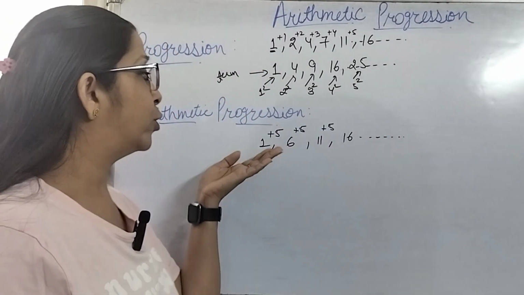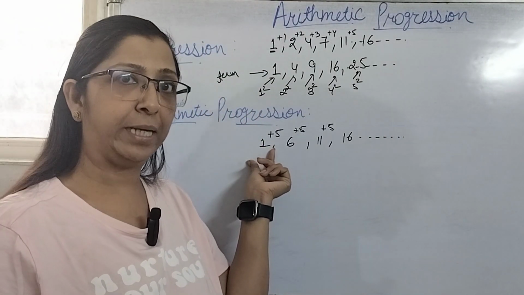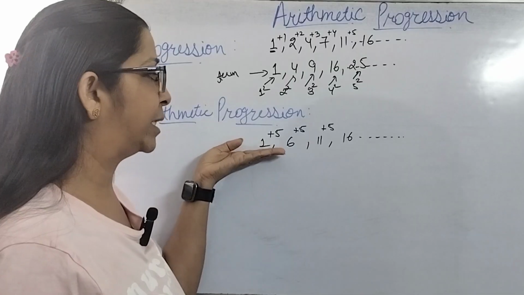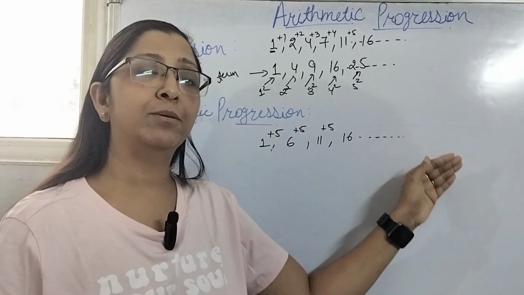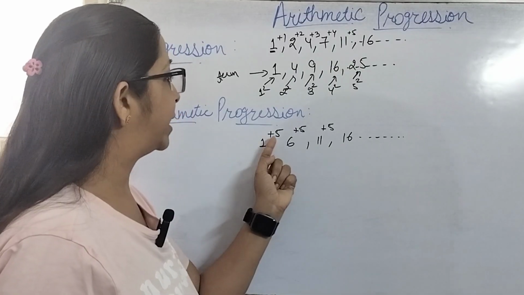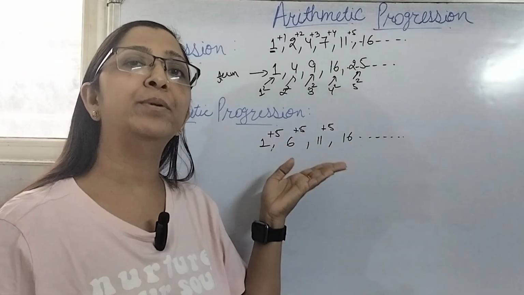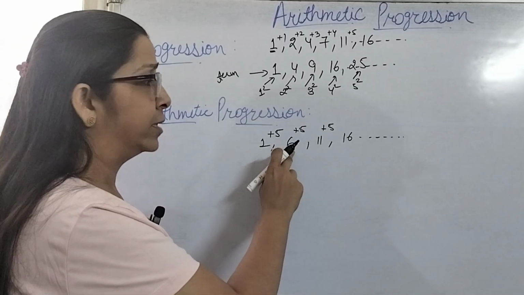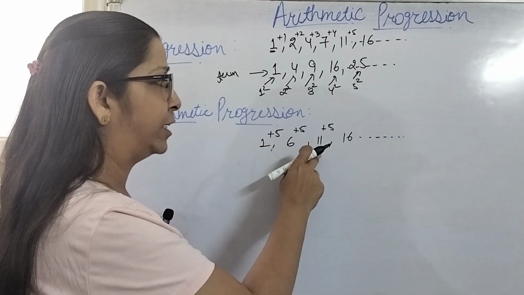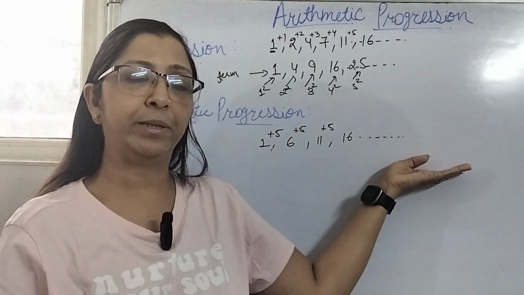That means the first term is not following the pattern, the rule is not applicable for the first term, but except the first term, whatsoever the next term we get by adding a fixed number to the previous term. That means in the first term we have added 5 to get 6, then again we have added 5 to get 11, like that the sequence will be.